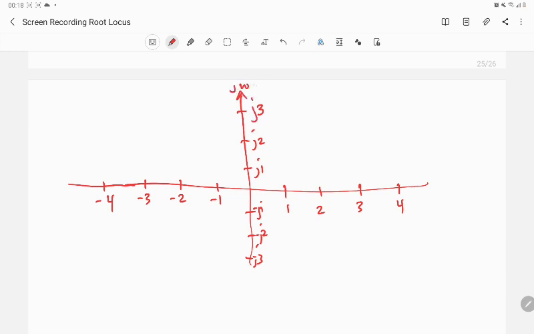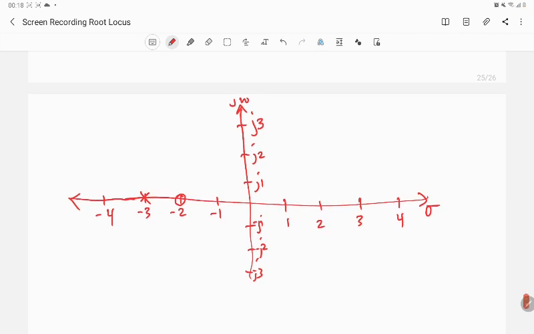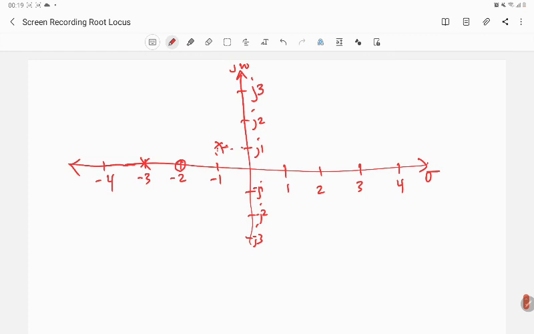This is the j omega axis, and this is the sigma axis. So with this system, now let me plot my zeros and poles. My zero is at minus 2, no problem, and I have a pole at minus 3, and another at minus 1 plus j1, and another at minus 1 minus j1. So these will be my 2 other poles.